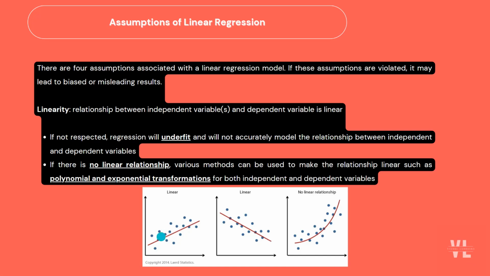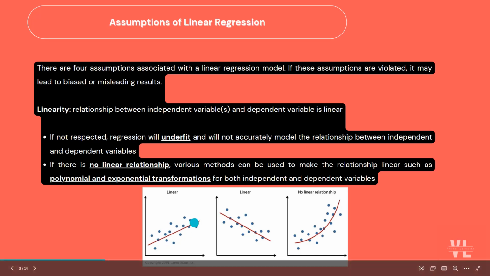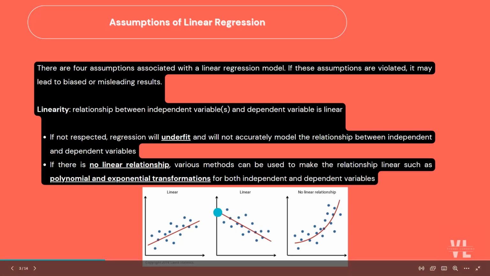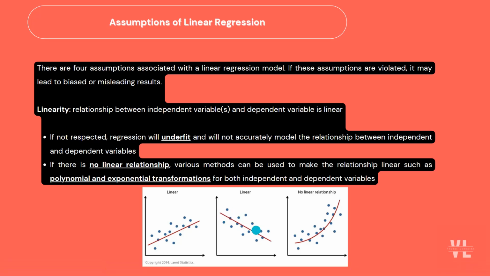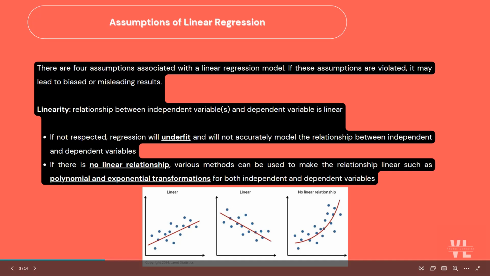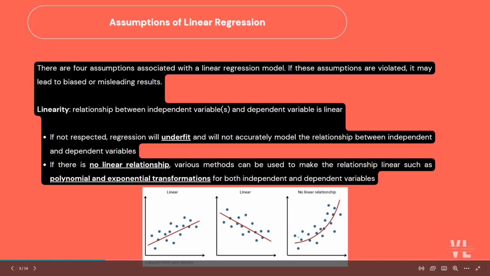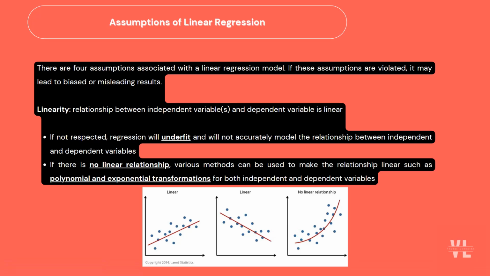So this regression line is increasing because it has a positive slope, or the data distribution may have a negative correlation, so the line can have a negative slope, as we can see from the second plot. Or the data distribution may not have a linear relationship, so we need to use some more complicated regression models such as polynomial regression in order to mimic the data distribution. So we will have more of a hyperbolic function to mimic the data distribution.